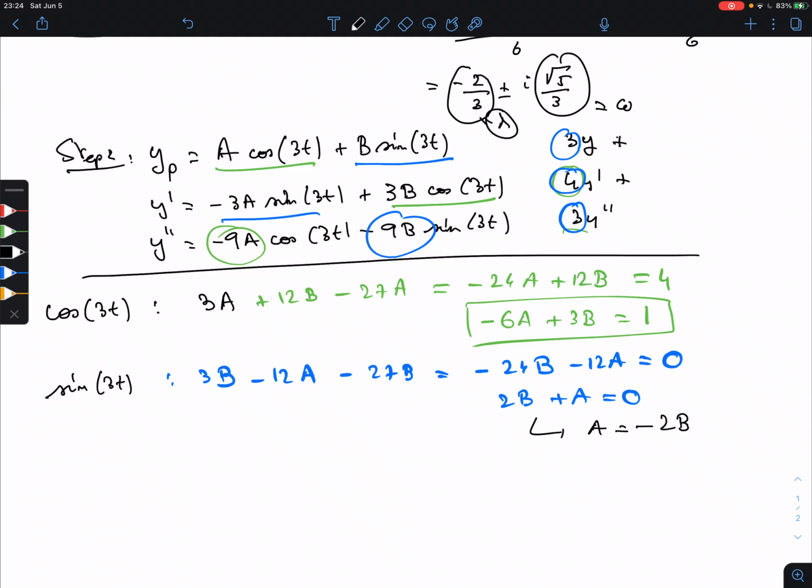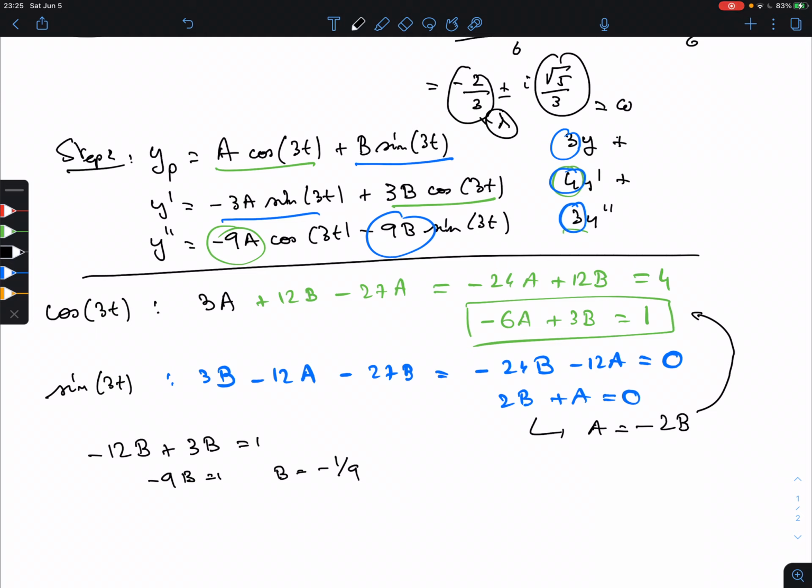Okay, you can do the method of elimination again, but I find it rather quick to just solve for a here, especially because of the 0, and then plug it in here. I get minus 12b plus 3b is equal to 1. So I see that minus 9b is 1, so b is minus 1 over 9. Wait, that's a is minus 2. Oh, no, I plugged it in wrong.